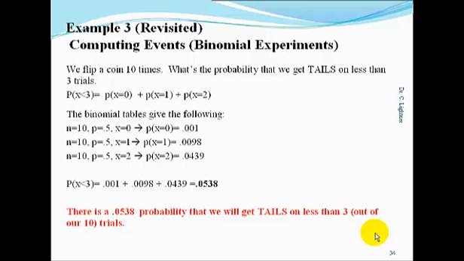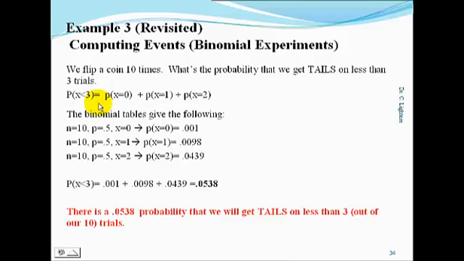Now, let's continue to use the tables in order to compute events for binomial experiments. For example 3, when we flip the coin 10 times, let's compute the probability that we get tails on less than 3 trials.